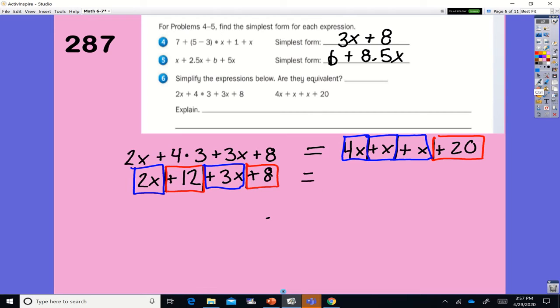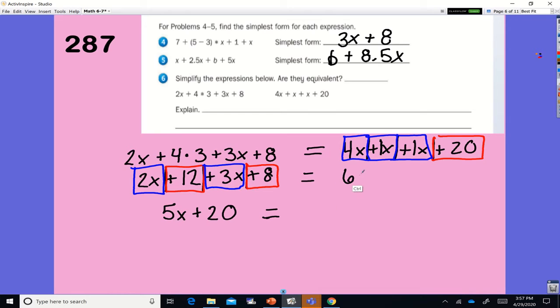So equaling this out, I'm going to do one side first. 2x plus 3x gives me 5x. 12 plus 8 gives me 20. So I have that there. 4x, remember this has a 1 here. We don't show that though. And this also has a 1. So 4x plus 1x is 5x plus 1 more is 6x plus 20.